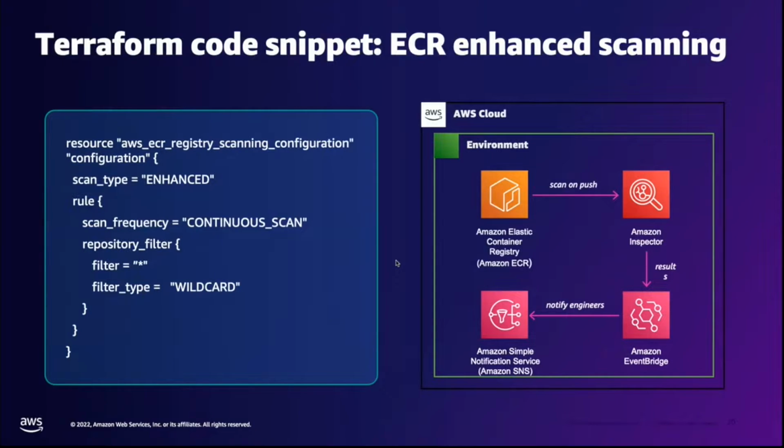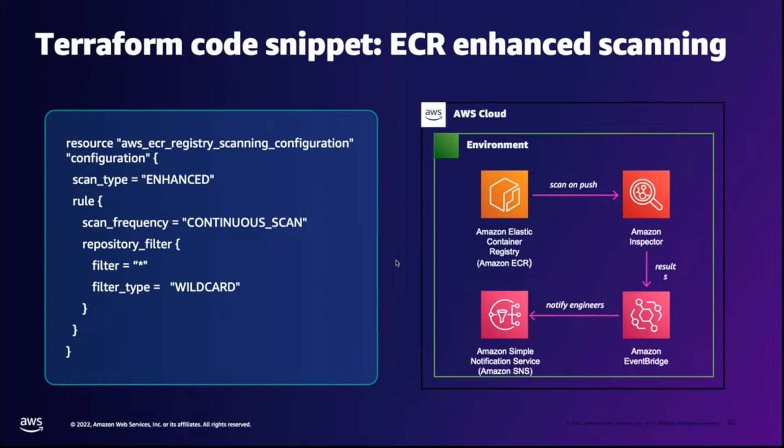In this example, I just brought this to understand what the process looks like to automate everything. So we are setting up continuous scanning in Terraform for ECR. Basically, once enabled, when a container is pushed to ECR, a scan is triggered in Amazon Inspector.